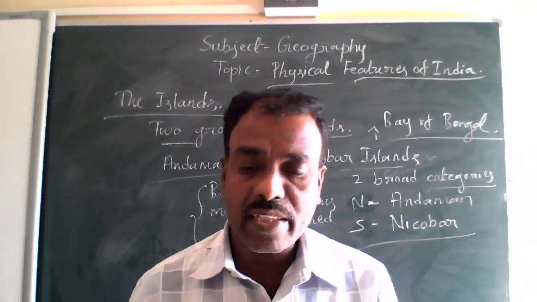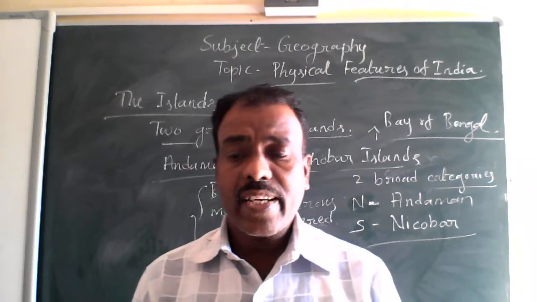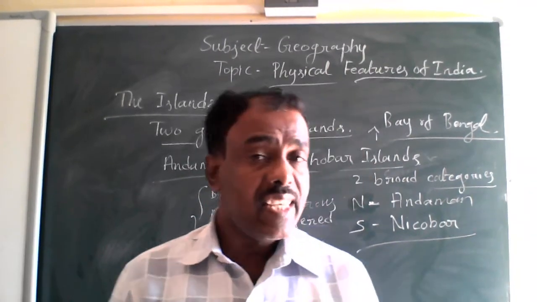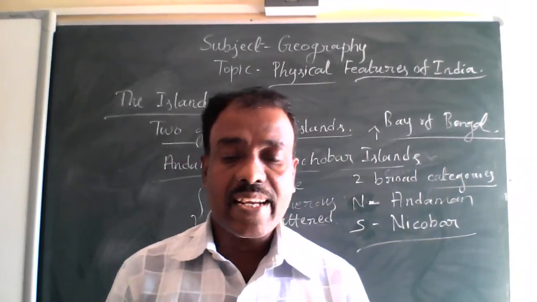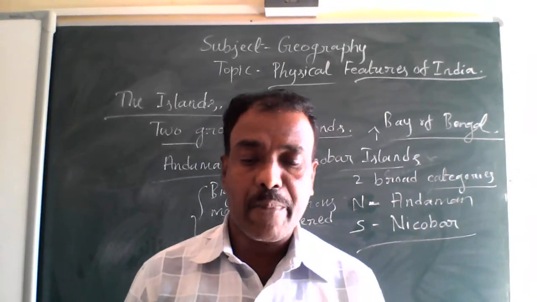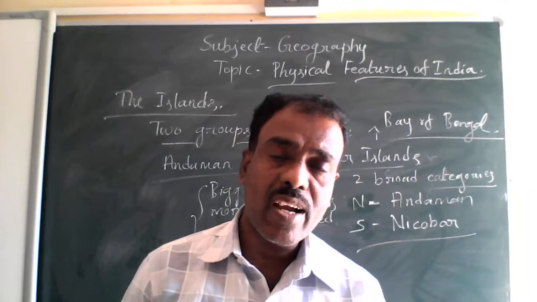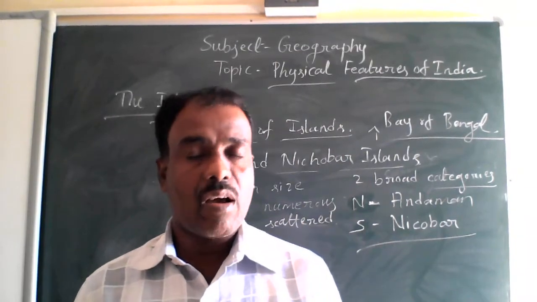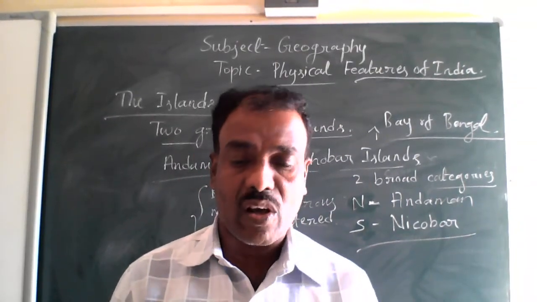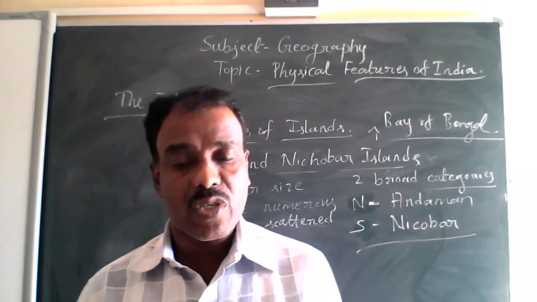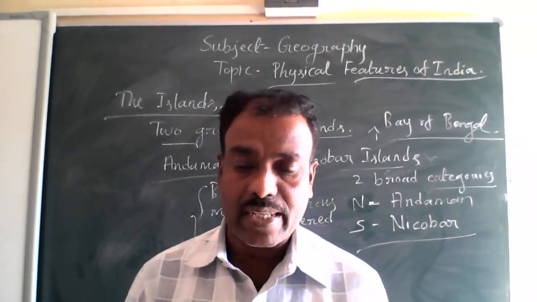See, it is believed that these islands are an elevated portion of submarine mountains. So it is believed that these Andaman Nicobar island groups are an elevated portion of submarine mountains.